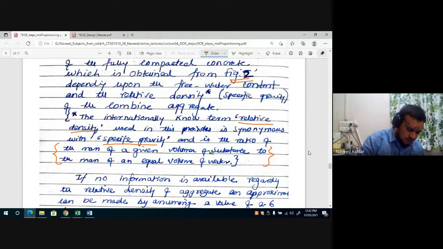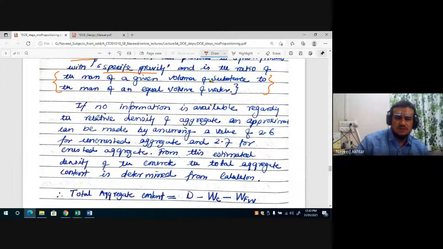It is a very good definition of relative density. So this definition you can remember. You will be asked in the exam.